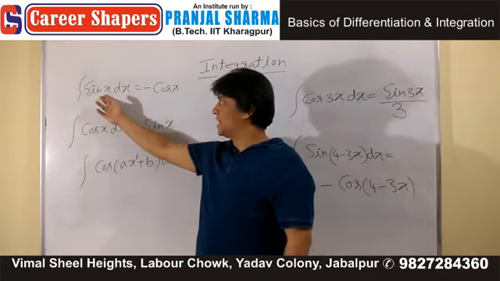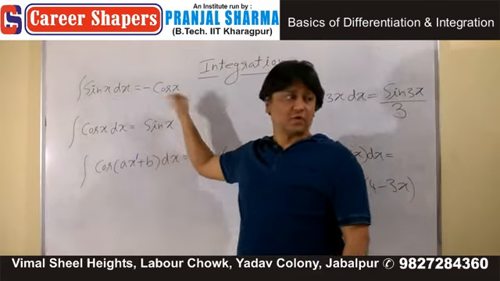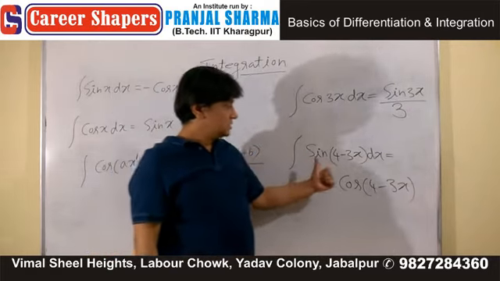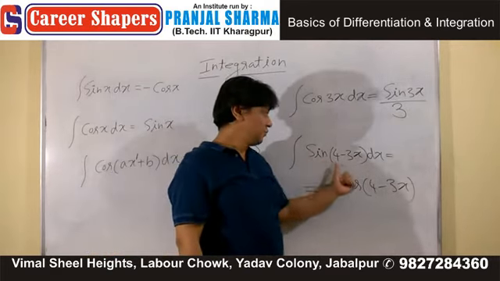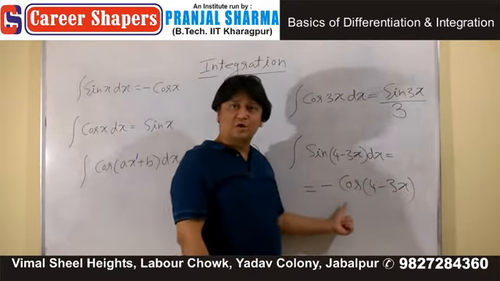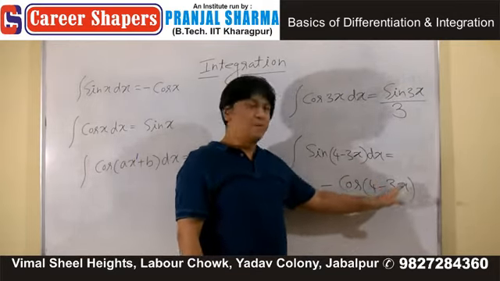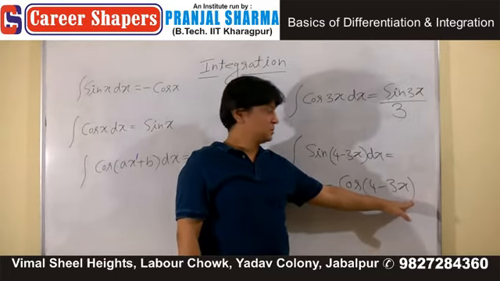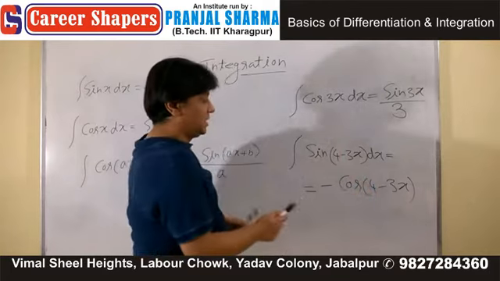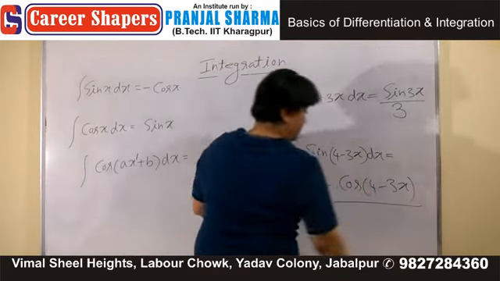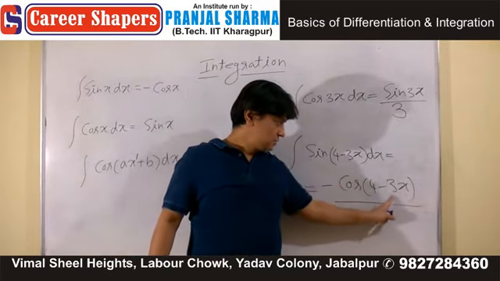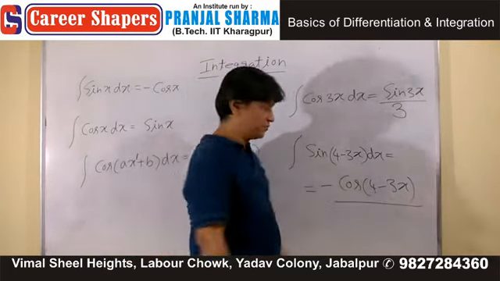So sine of 4 minus 3x, its integration is minus of cos 4 minus 3x, but divide the whole thing by the coefficient of x, which is minus 3.